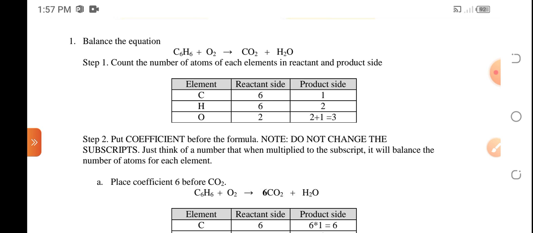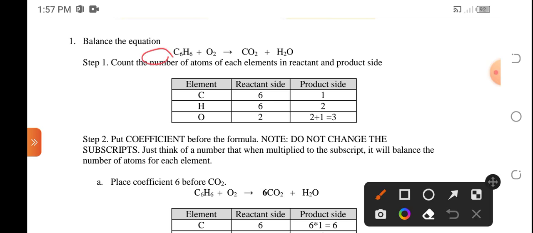Again, I'll repeat: we are going to insert numbers known as coefficients before each formula or symbol of the substances involved, but do not alter the original subscripts.